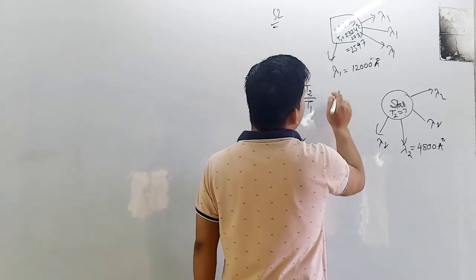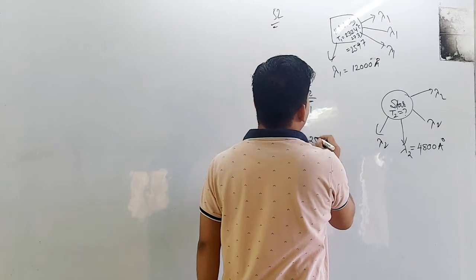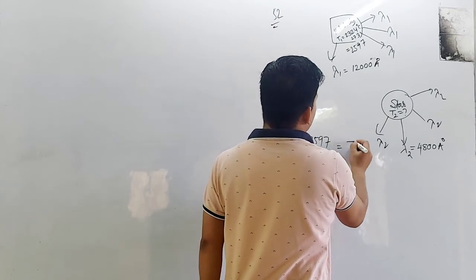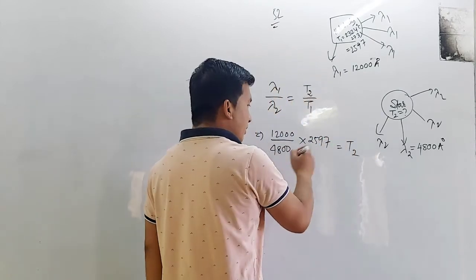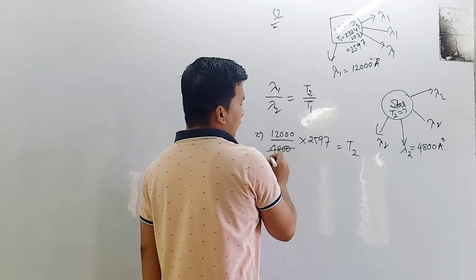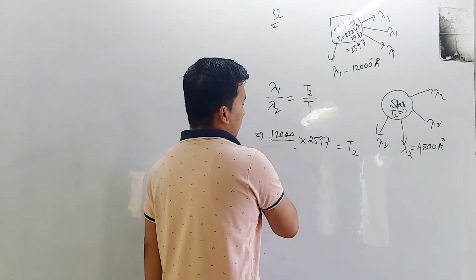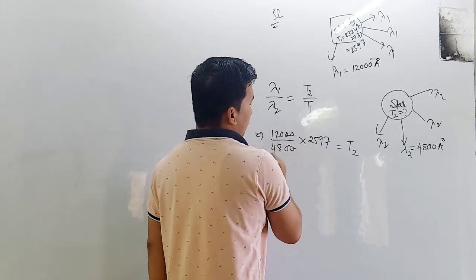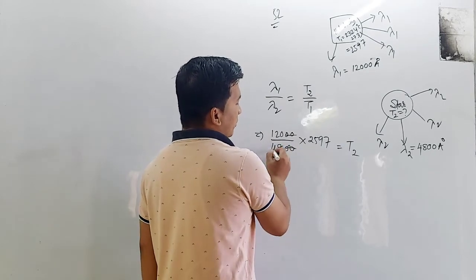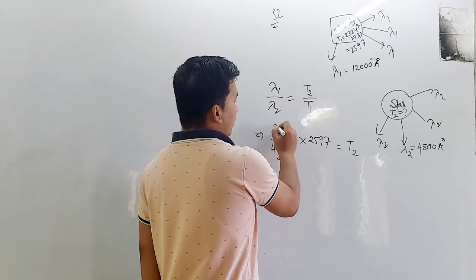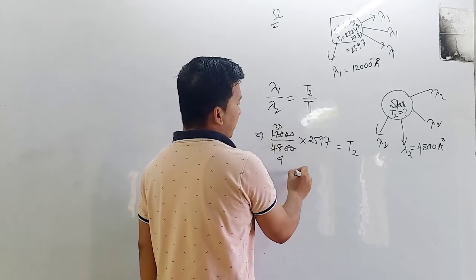And temperature T1 is 2597, and T2 is in terms of Celsius. Cancel the zeros: 12 over 4.8, that is 12 over 48, equal to 15 divided by.